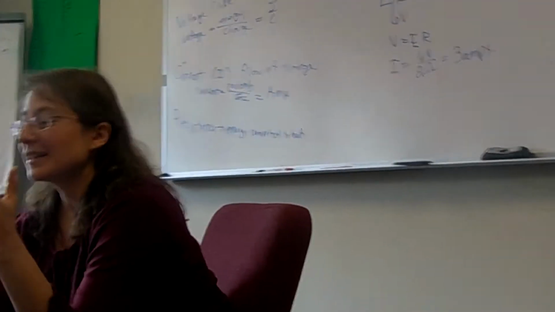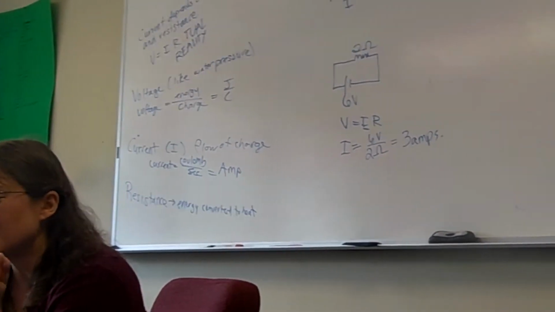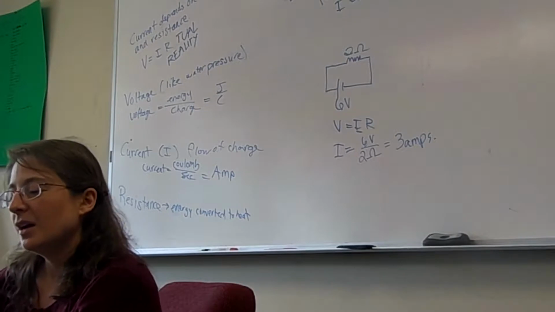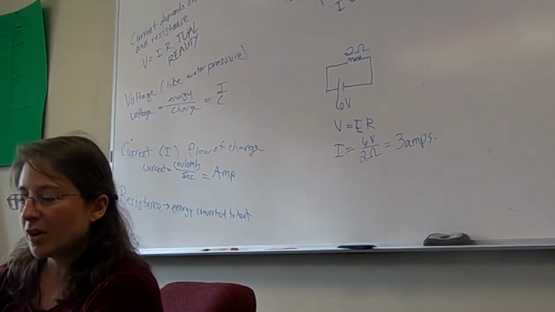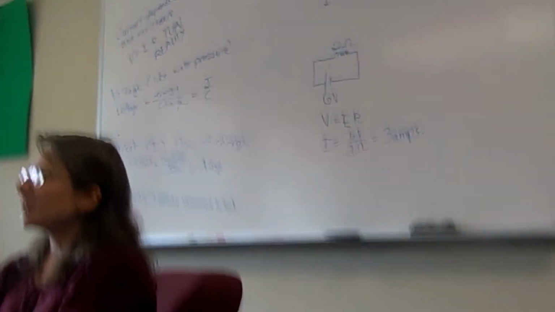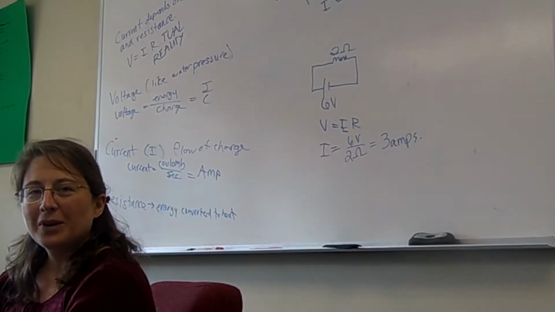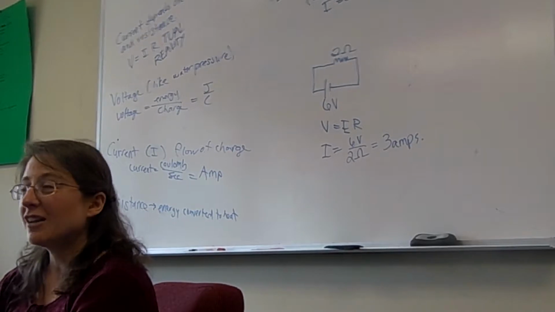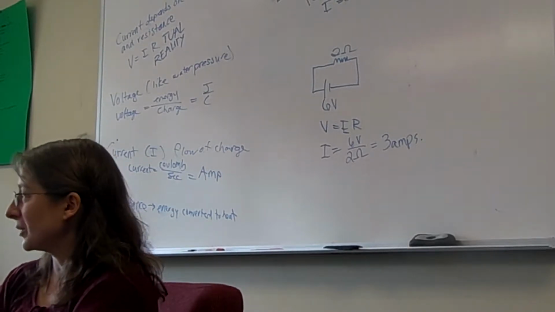So, current flows simultaneously through the whole circuit because the field causes the flow, and the electrons are already present. So, you guys know that electrons share characteristics with light in that they behave partly like a wave and partly like a particle, yes?